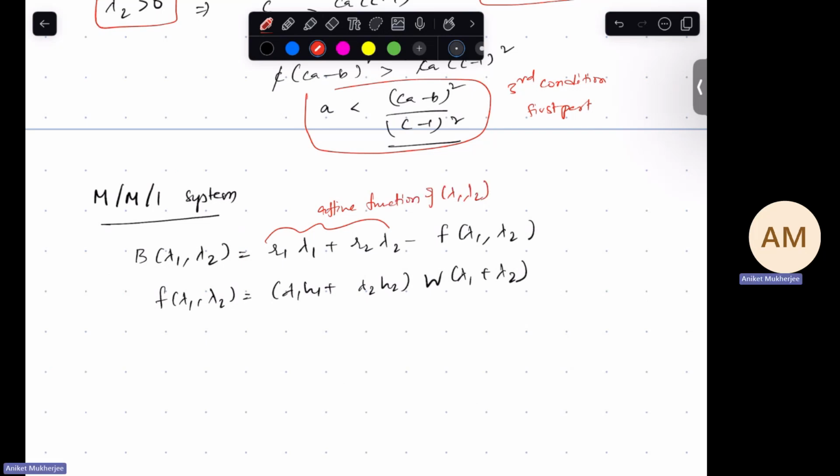So this is basically both concave and convex. So we need to show that this is jointly convex in lambda 1 comma lambda 2.